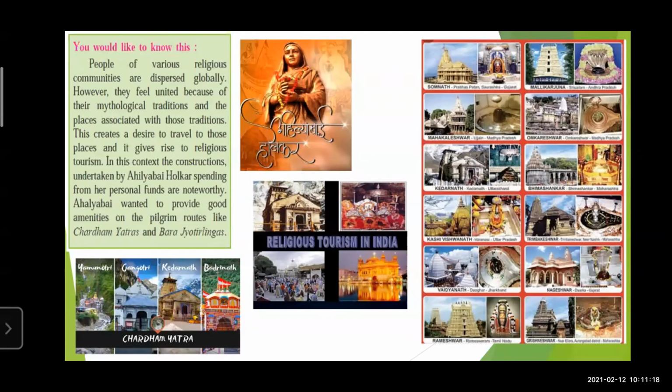She used to spend from her personal funds to provide good amenities, meaning facilities, on the pilgrim routes where the yatras used to happen, like the Chardham Yatras, and at the Bara Jyotirlingas. Her contribution in this context is very important to know.